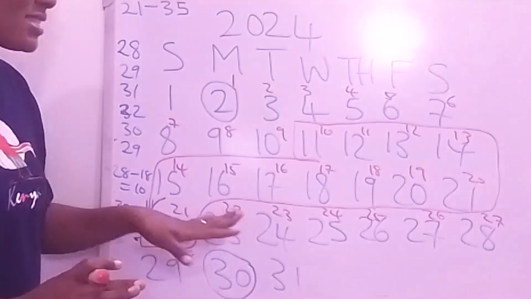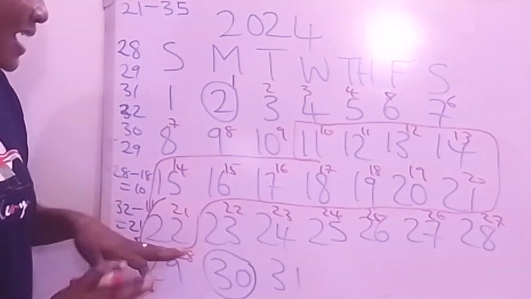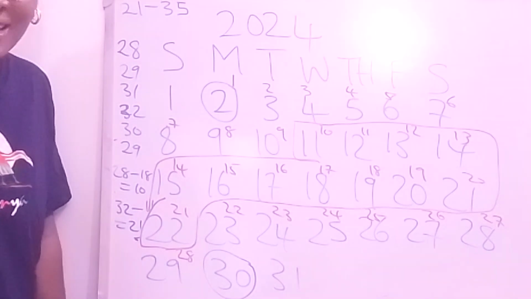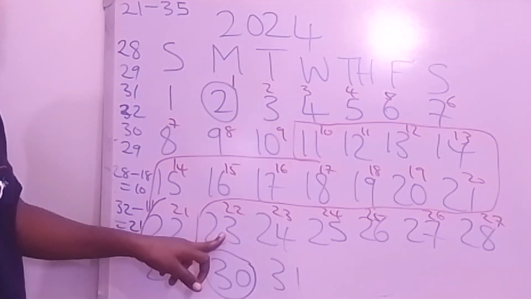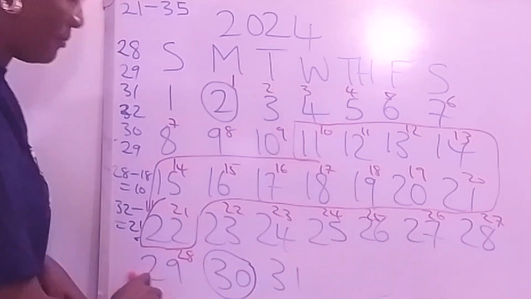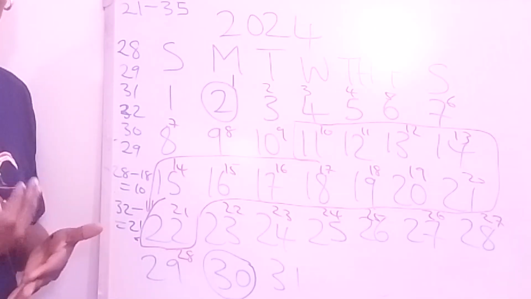Then the days outside this box are the days that are safe for her to have unprotected sex and she won't get pregnant. So from this 22nd day, all the way, are safe for her to have unprotected sex.